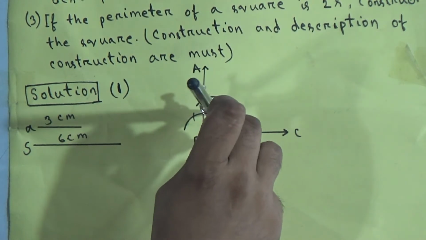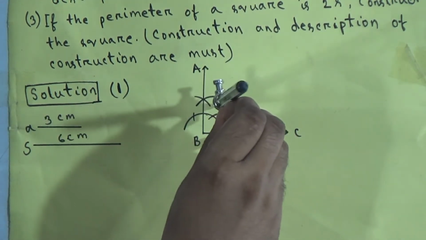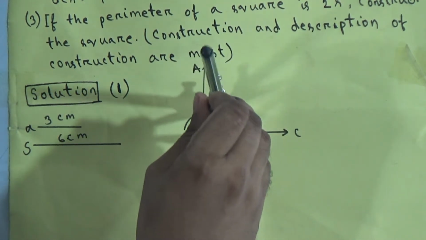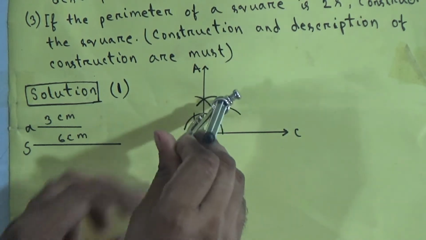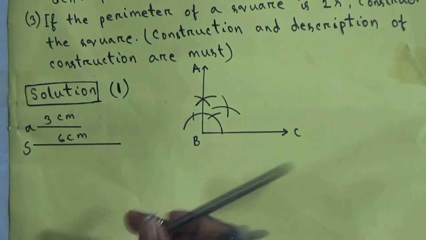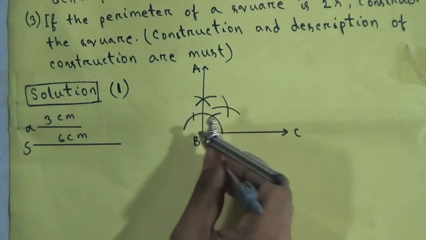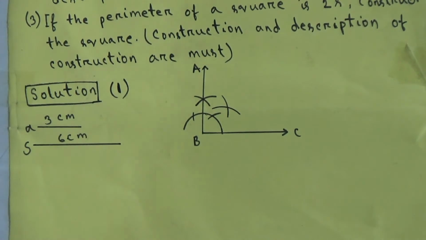radius. Okay, taking this radius, we'll draw one arc here and another arc here. Now if we join these 2 points, then this angle will be divided into 2 equal parts.